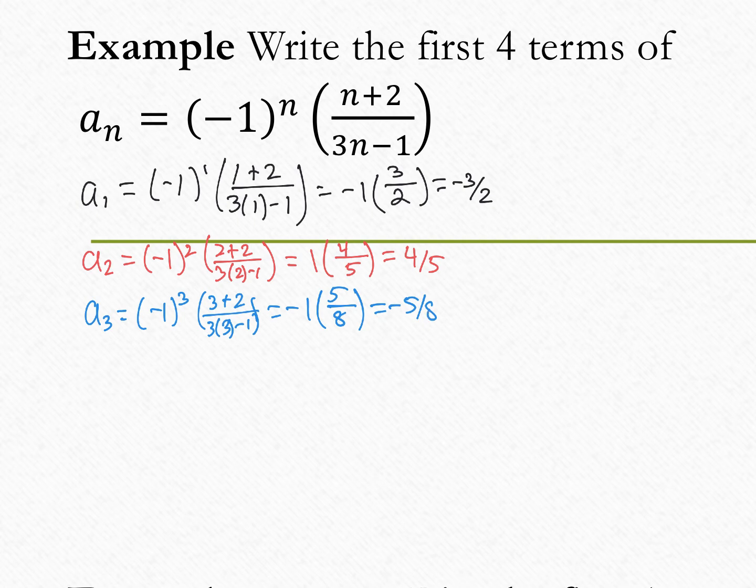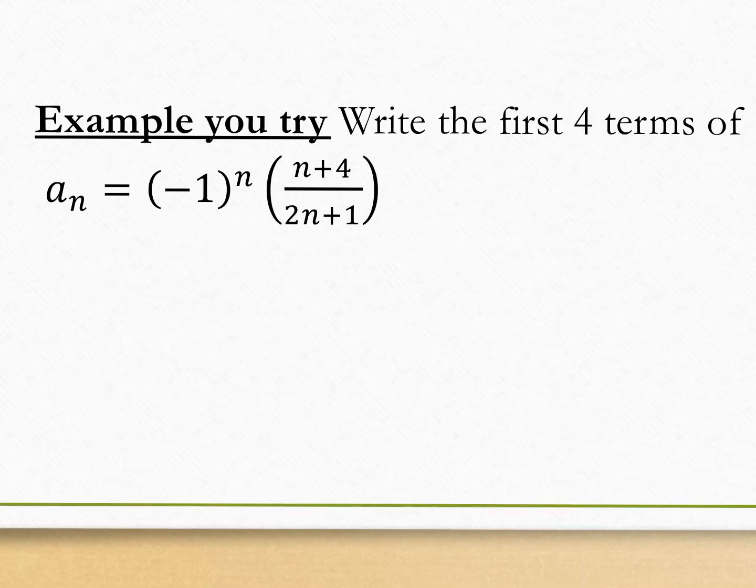And the fourth term, we'll replace all the n's with a 4. -1 to the fourth power is 1, and that would be times 6 over 11, which gives us 6/11. And that's it. Take a minute or two and try this example, you try.